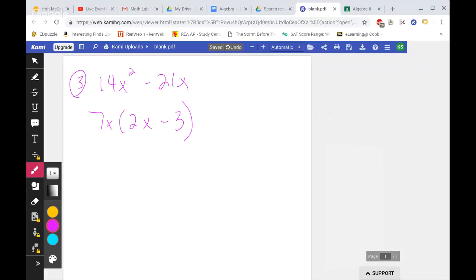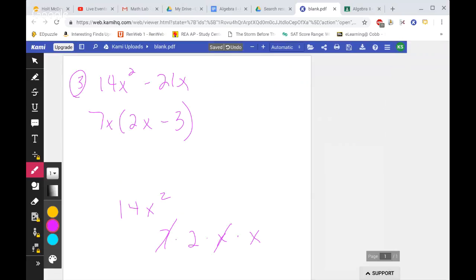Where did the 2x minus 3 come from? If you take a 7x out of 14x squared, you divide 14x squared by 7x, which gives you 2x.